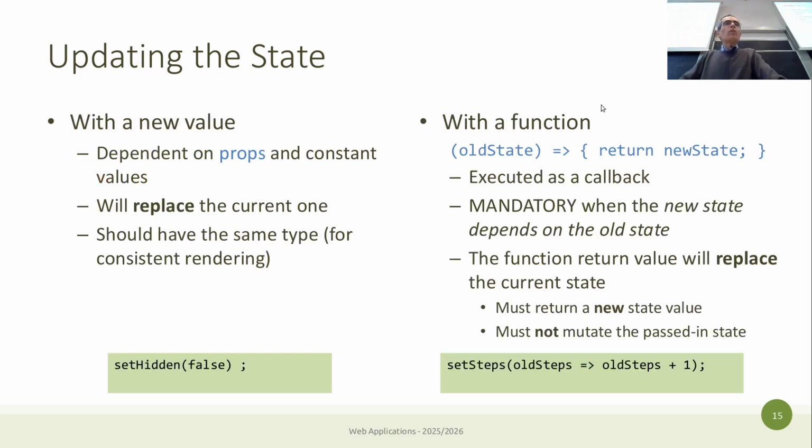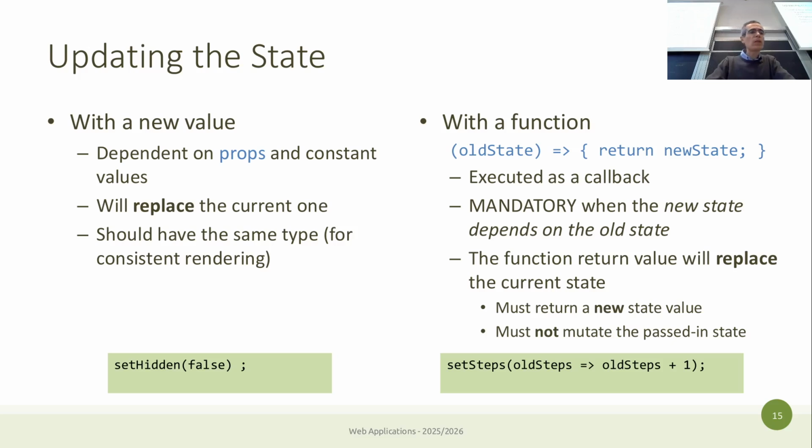Okay? So, now that we saw the basic example, let's go into more details about some peculiarities that we need to be aware of when we update the state. Updating the state means passing a new value to the set variable function.